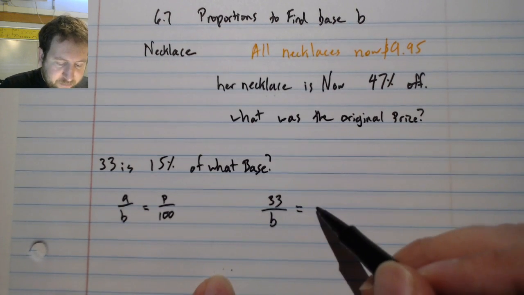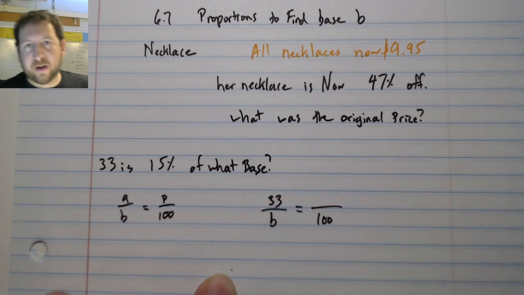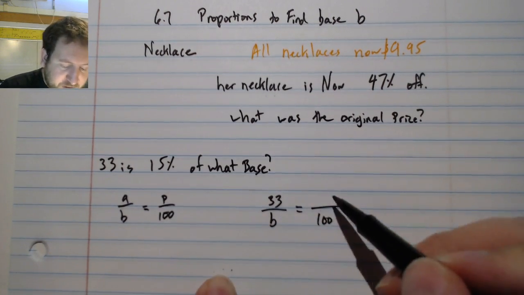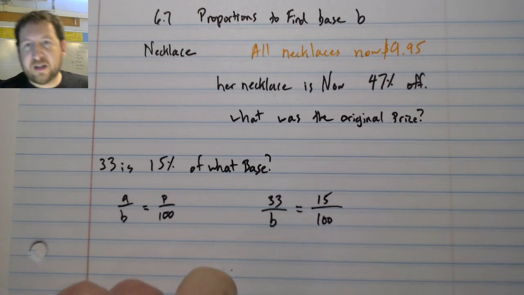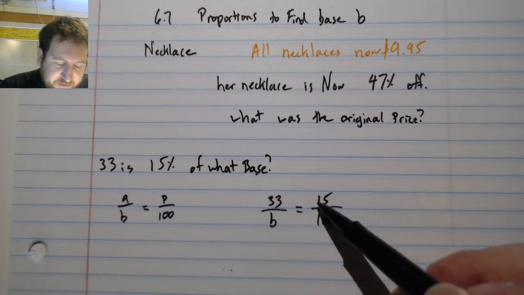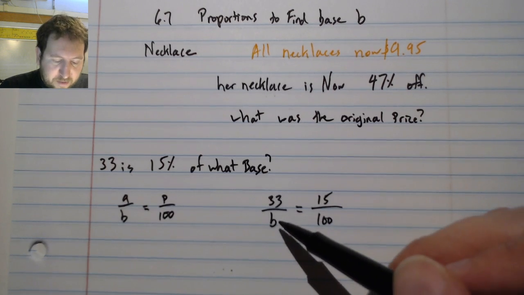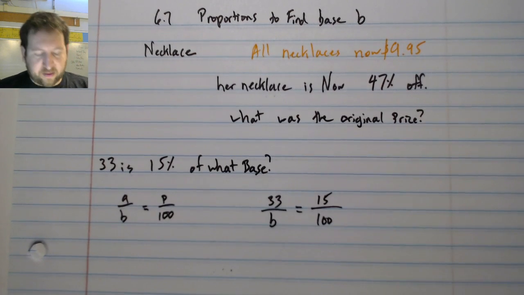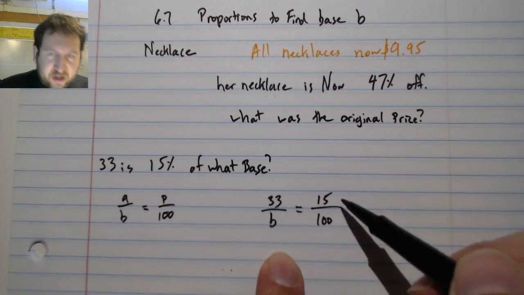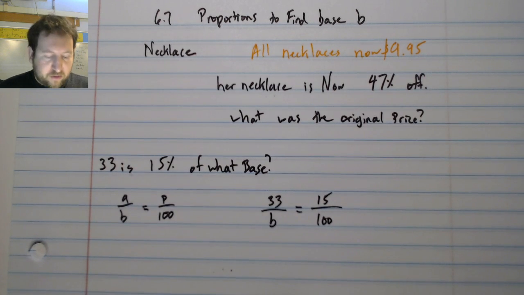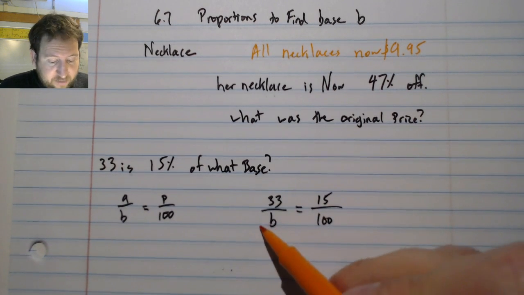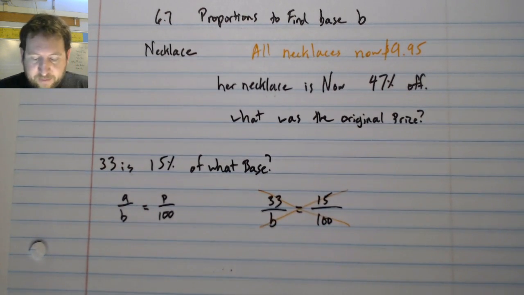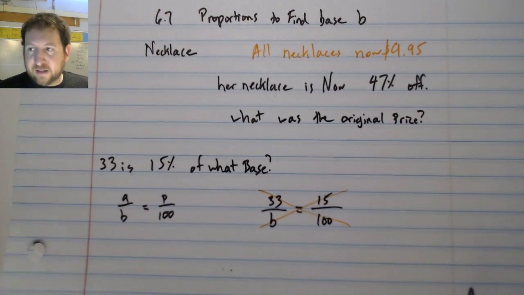On this side, I know that the bottom is going to be 100, because it always is, and the percent that I have is 15%. So 15% of some number is going to get me to 33. And when I set my proportion up like this, I'll be able to, just like we have been doing, cross multiply and find out the original size of the base.